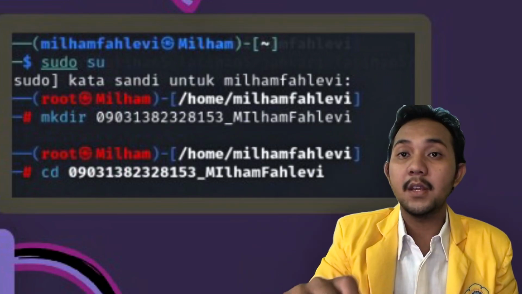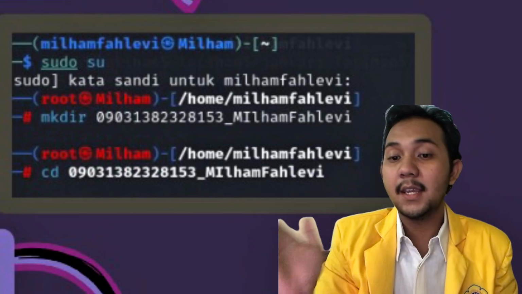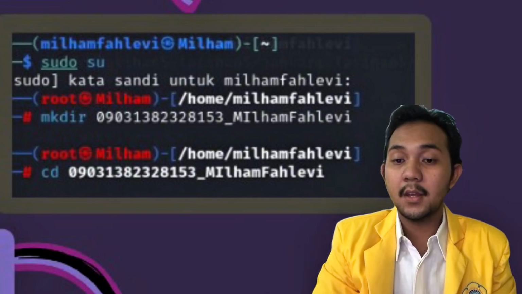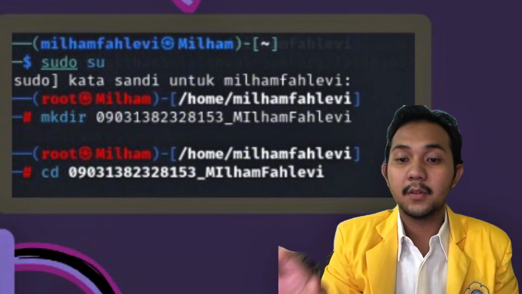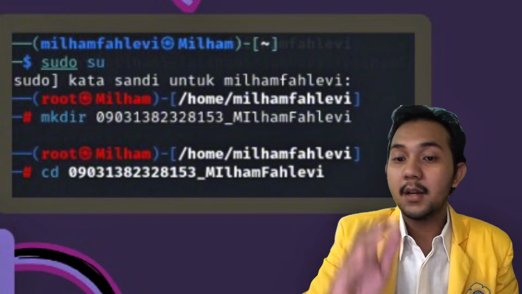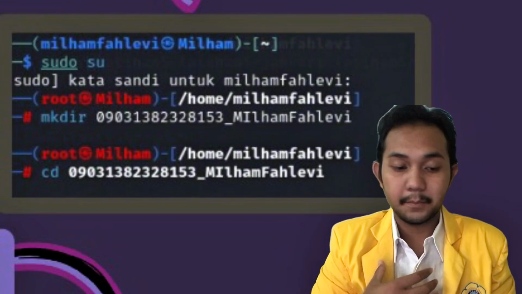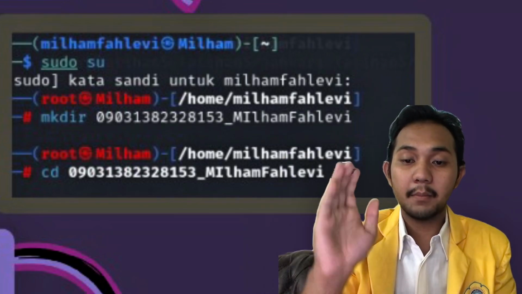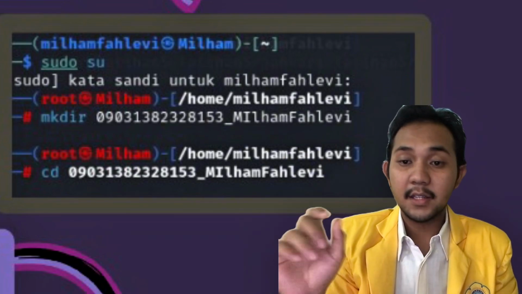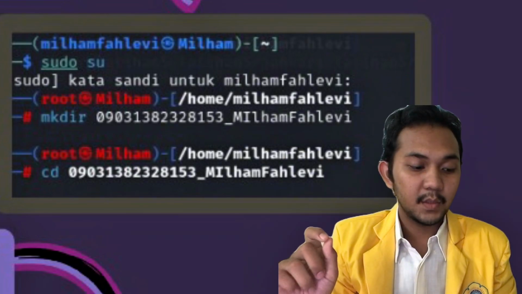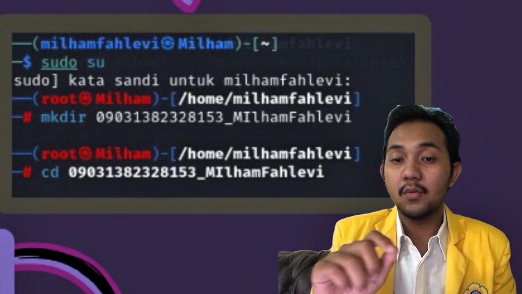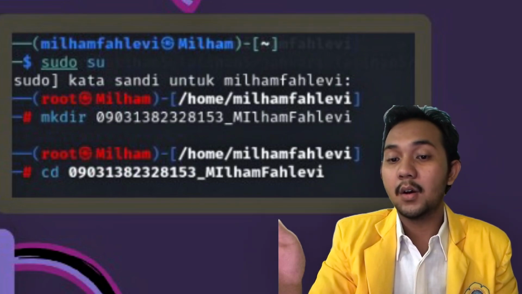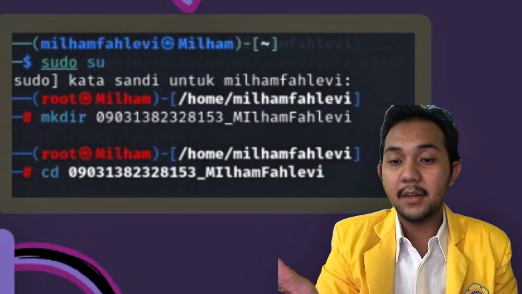To make a directory, we use the command mkdir, or make directory, with the name of the directory. So here mkdir, my name and my name. To use this directory, we use the command cd, which goes to a specific directory. So here we are in the main directory.